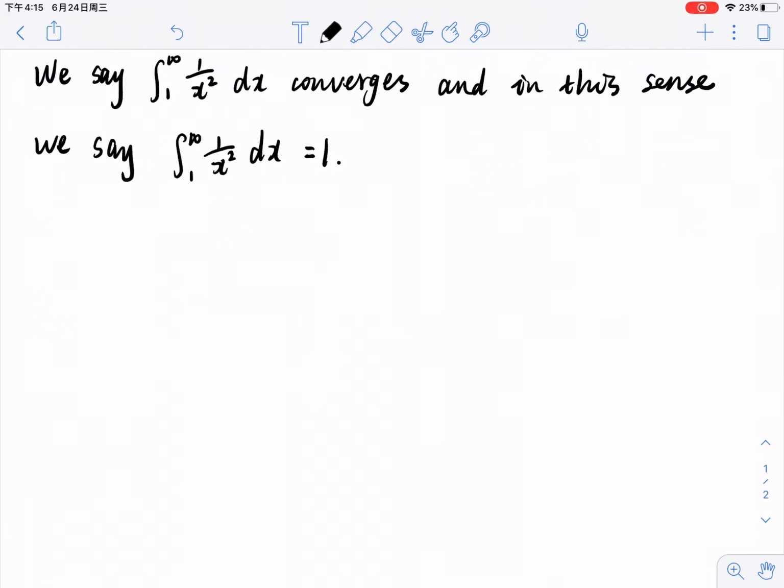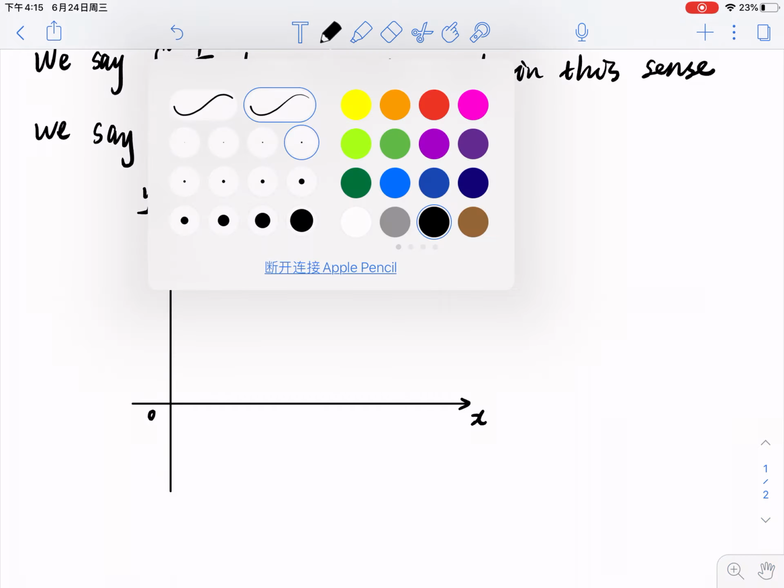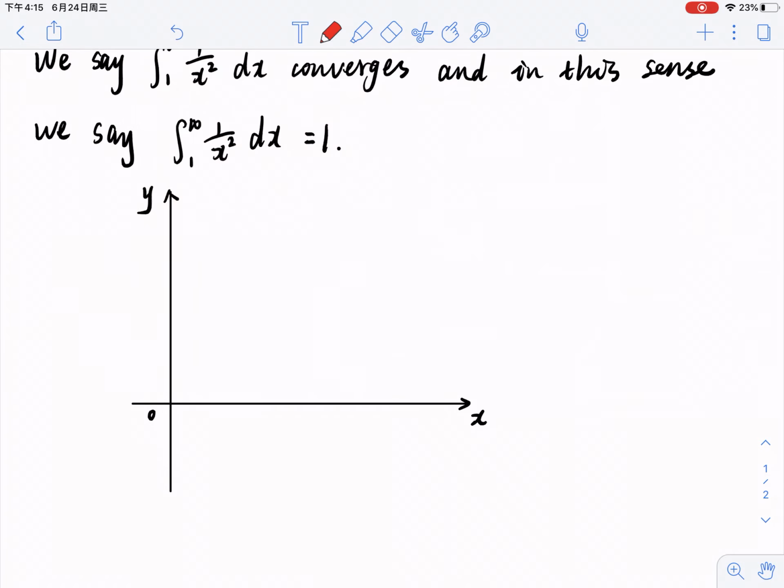If we look at the graph of 1 over x squared, suppose this red curve is the graph of the function y equals 1 over x squared.